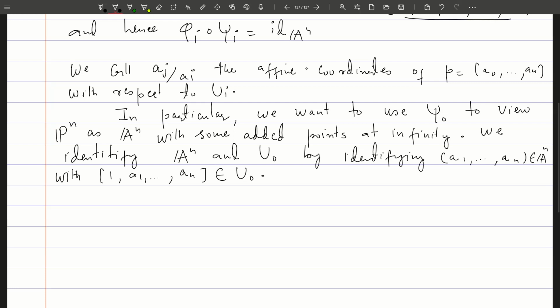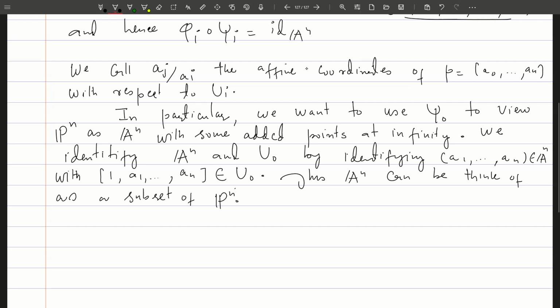So thus An can be thought of as a subset of Pn.